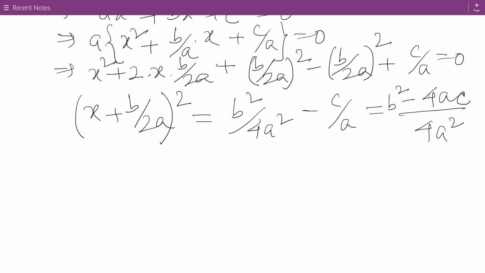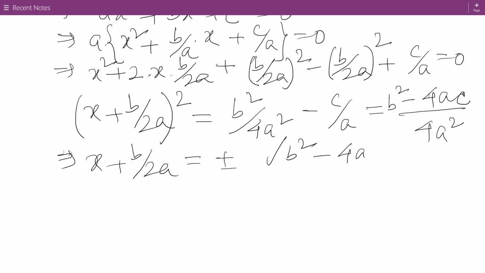Now you write x plus b by 2a, taking square root of both sides, plus minus root over of b square minus 4ac by 2a.